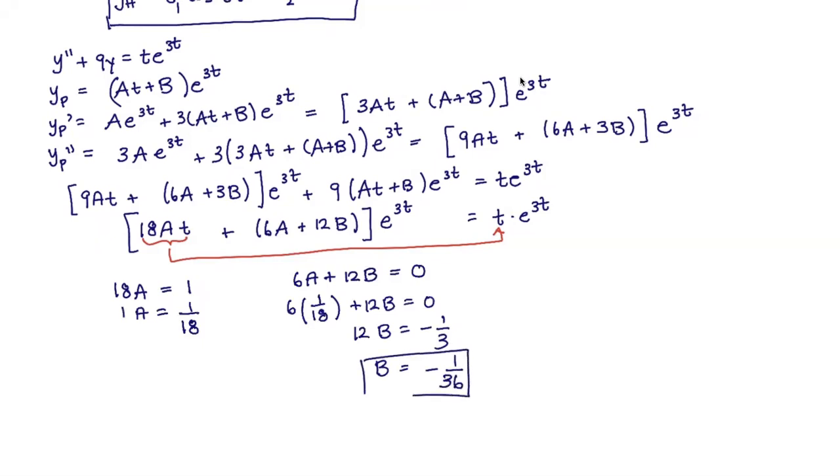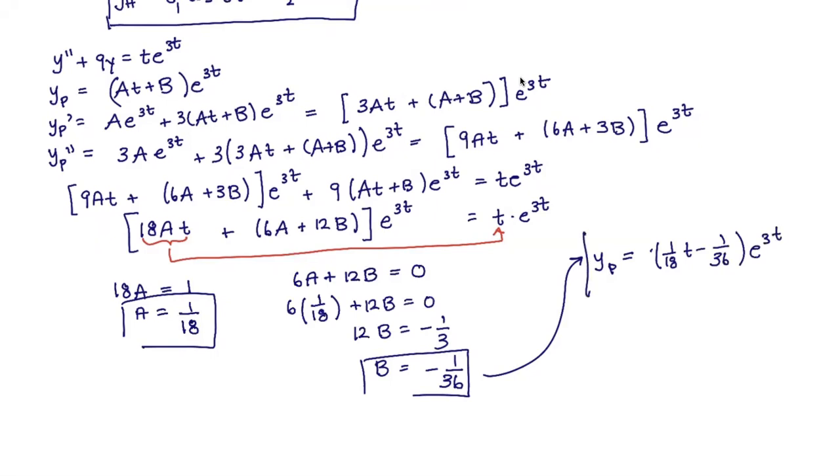And so these are our two coefficients that are going to go into my particular solution, which in this case is going to be given by 1/18 times t minus 1/36, all times e to the 3t. And that's the first of my particular solutions.